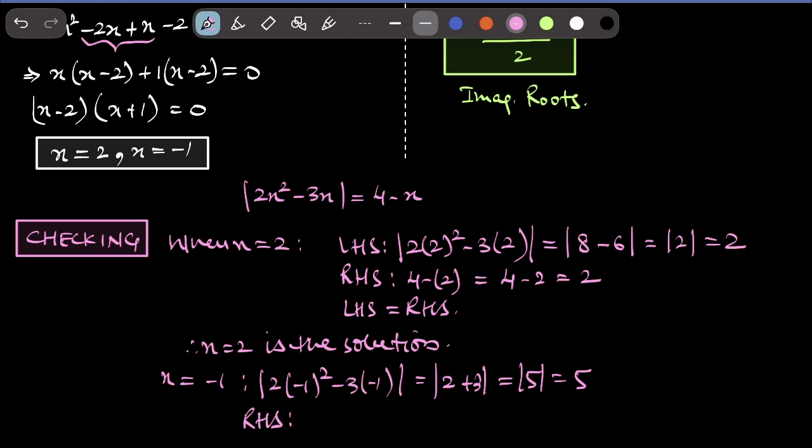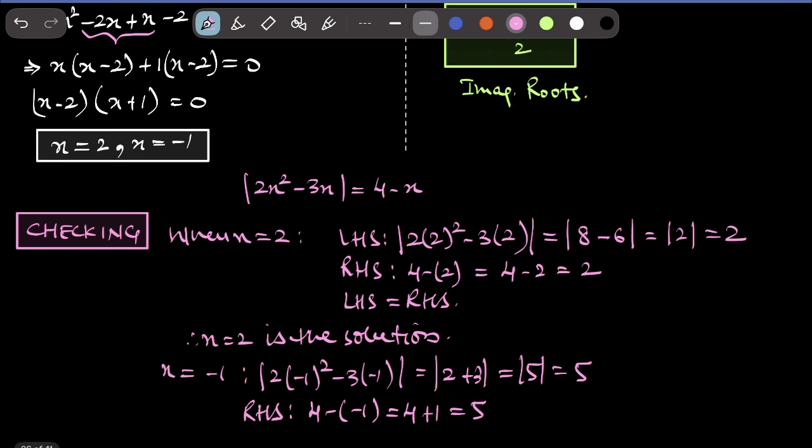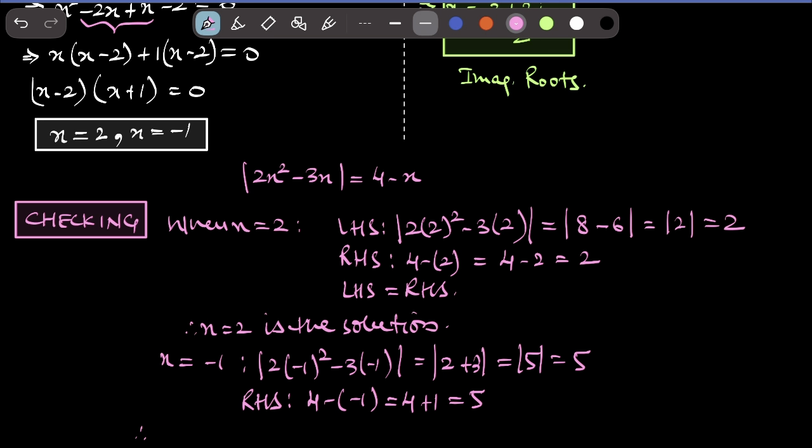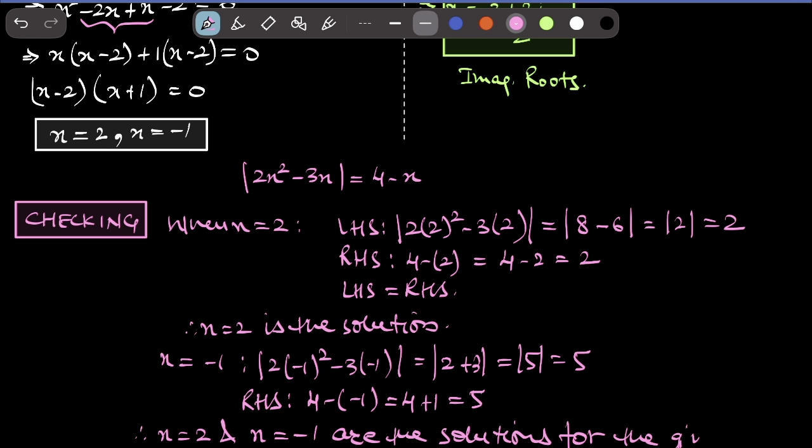So this is 4 minus -1, that is 4 plus 1, that gives you 5. So yes, I can say therefore x equals 2 and x equals -1 are the solutions for the given modulus function.